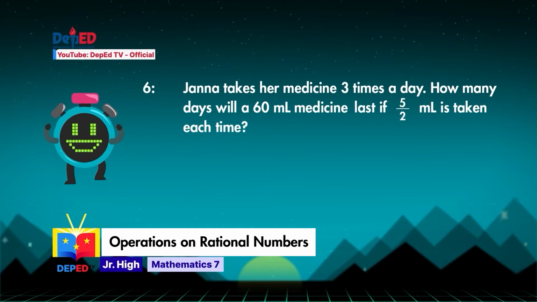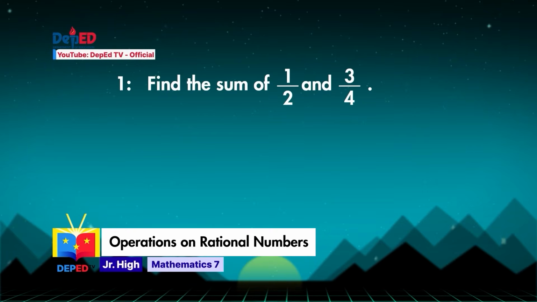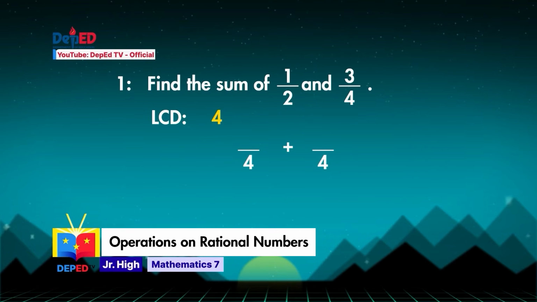Let's check your answer. For the first question, we need to find the sum of 1/2 and 3/4. The denominators of the fractions are 2 and 4. So our LCD will be 4. 4 divided by 2 is 2, times 1 is 2.